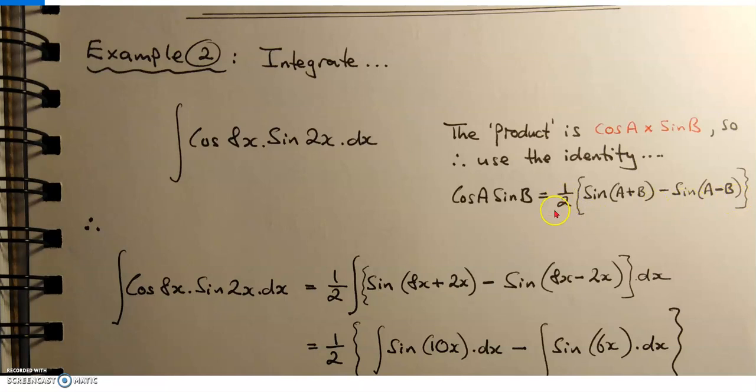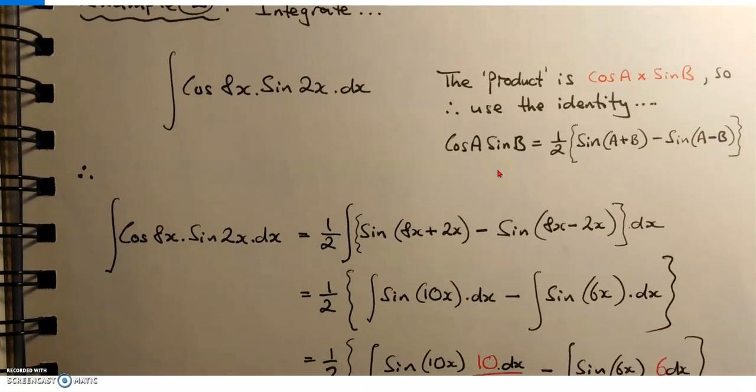The 2 is usually written over here, but I've put it there so it looks very much like the other identity. So it's a half multiplying the sine of the sum of these two angles minus the sine of the difference of these two angles.